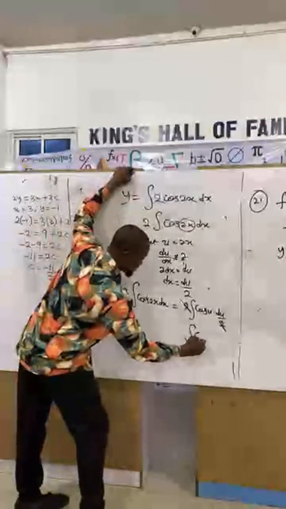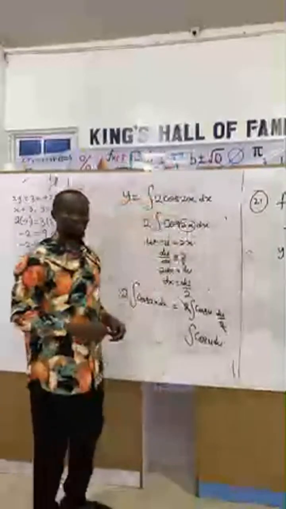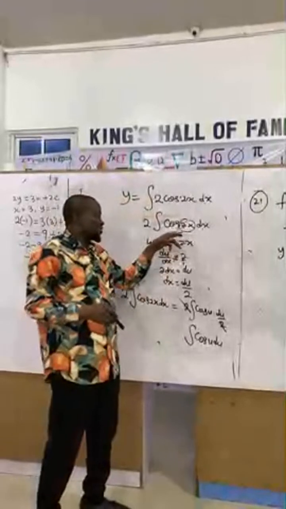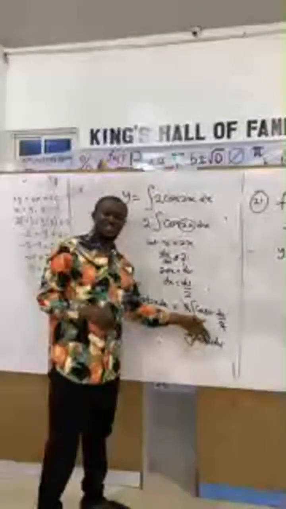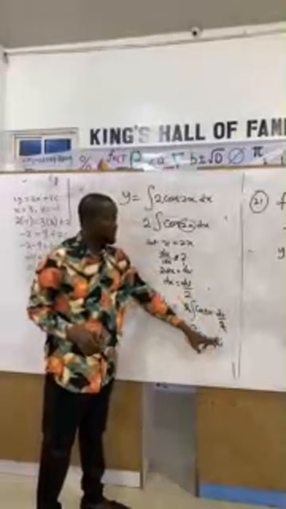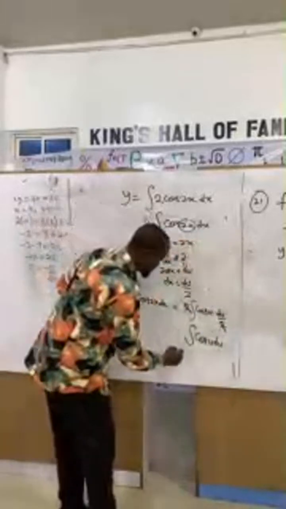The integral of cos u du. If you differentiate x, you integrate x, dx. If you integrate u, you integrate u, du. So if you integrate cos u, what do you have? Sine. So therefore this will now be equal to what?